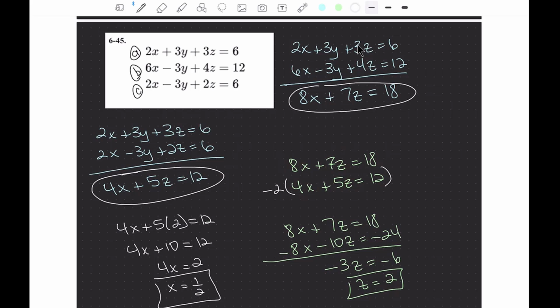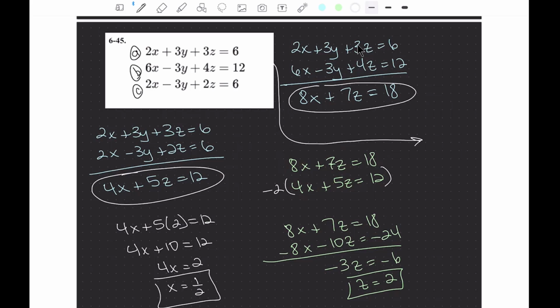So now you have x and you have z, so you still need to find y. So the only place that we have y, because we've eliminated y, is if we go back to our original 3. So it doesn't matter, whichever one you like, A, B, or C, we can pick those ones. So just for the fun of it, I'm going to pick A. I'm running out of room. Sorry, we're going to put it over here.